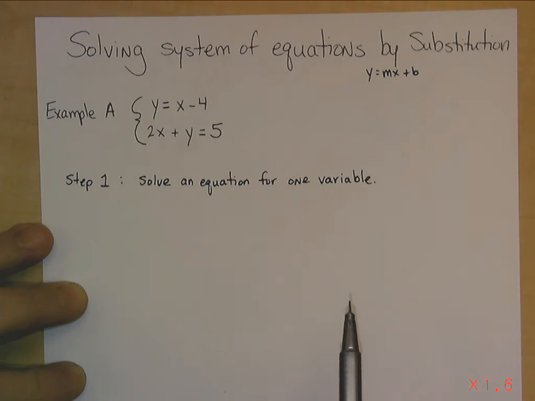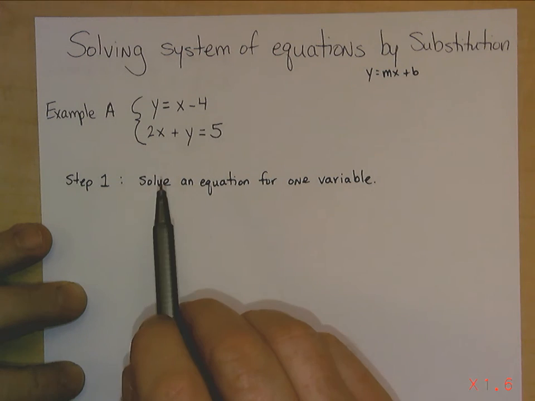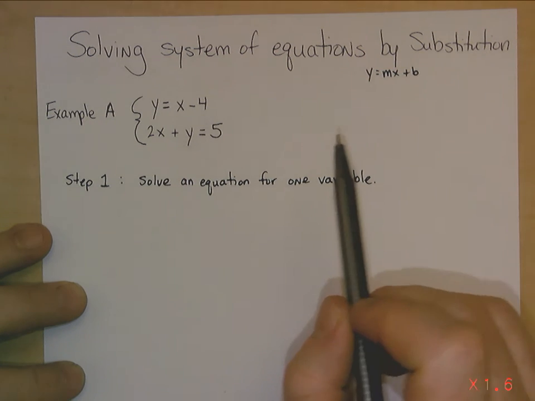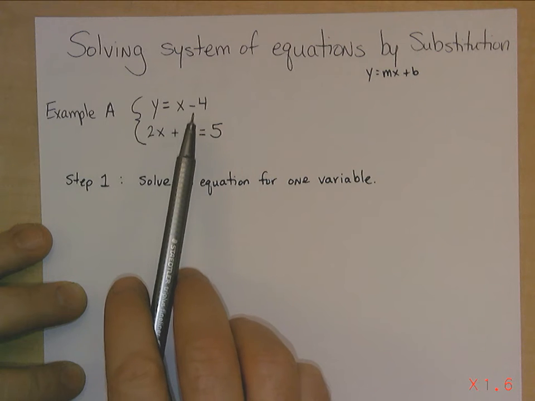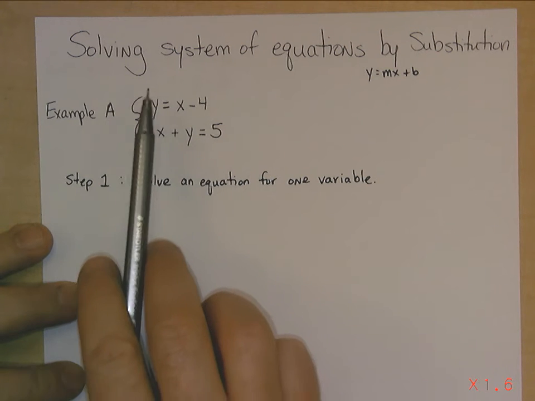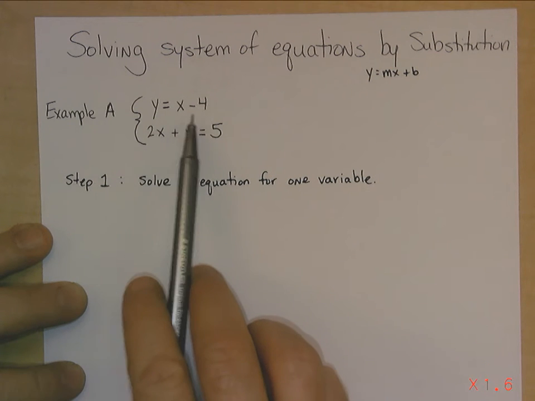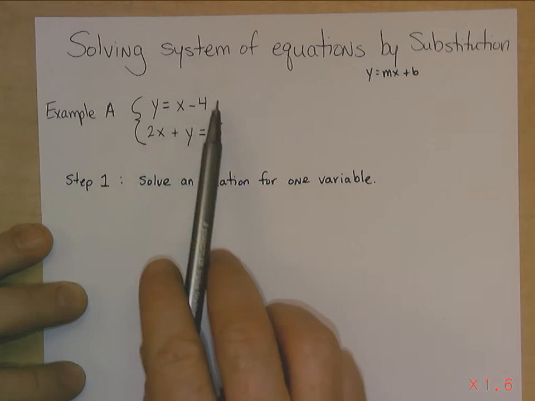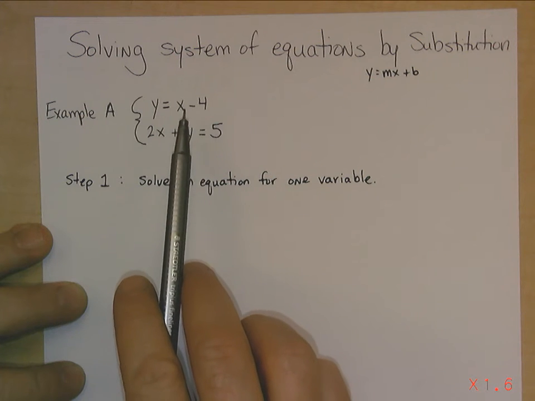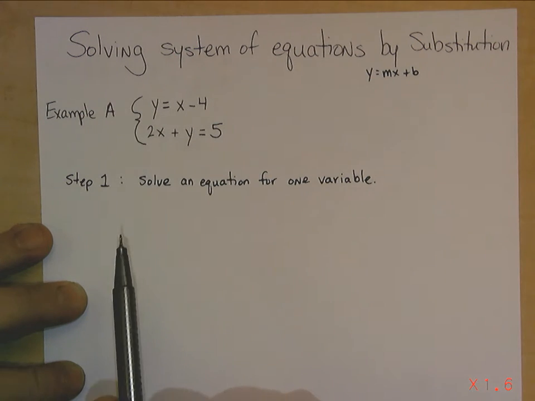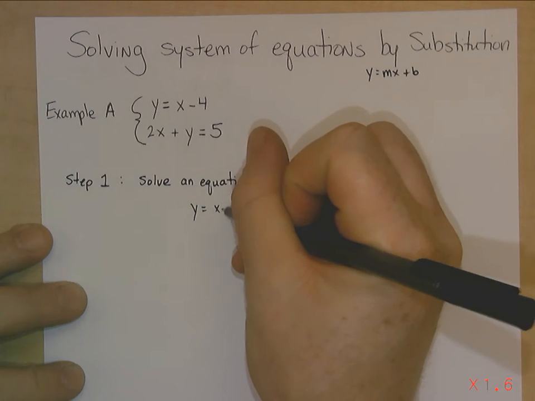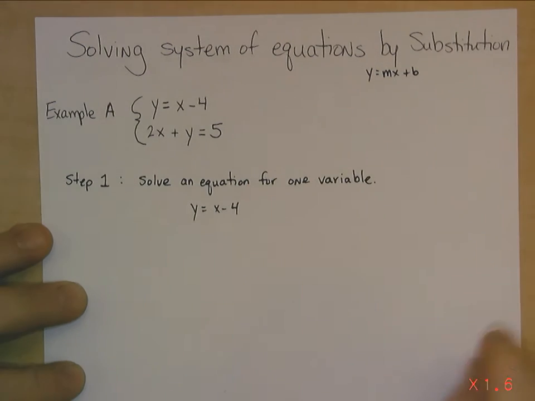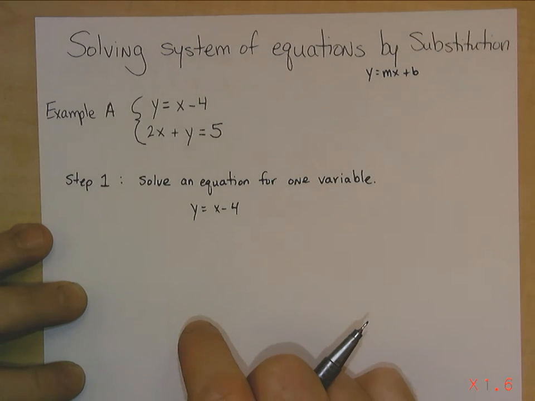Now, we're not going to actually get a number for the variable, but we're going to get an algebraic expression. Now, we already have one: y equals x minus 4. So we already know what y equals. It doesn't give us a numerical answer, but this is an algebraic expression, so we can use that. So y equals x minus 4. That's all you need. That's pretty easy.